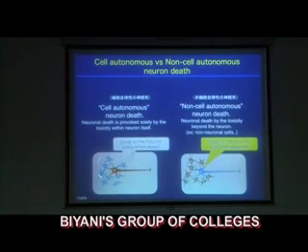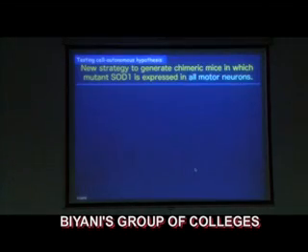In the first case, this particular motor neuron carrying mutant proteins is dying by the toxicity within its own cell, so the surrounding cells do not influence the fate of the motor neuron. In the non-cell-autonomous hypothesis, this particular motor neuron is dying by the toxicity from the neighboring cells. So this is the concept of non-cell-autonomous neurodegeneration.